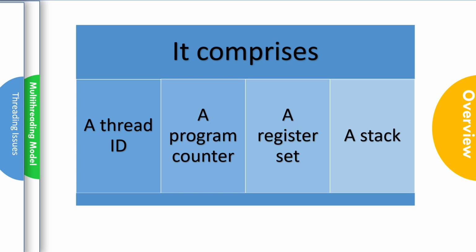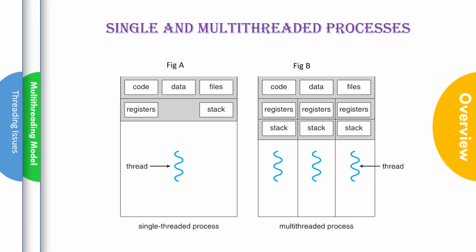We also have register set to store the data. We have stack to store the local data and the function calls. Along with all these, thread has an additional information, that is the thread ID. Now these informations are specific for a thread, whereas it shares other data with other threads like the code, data and files.